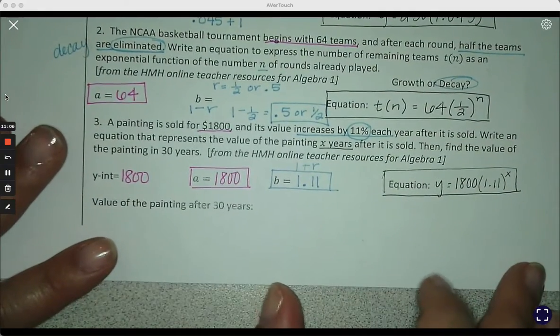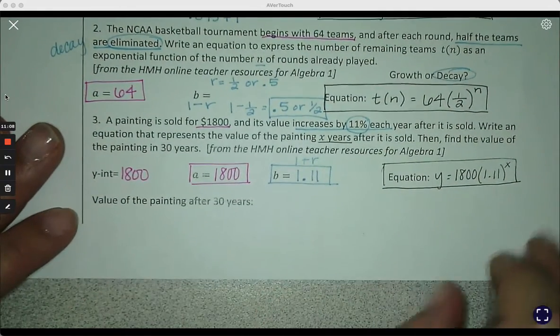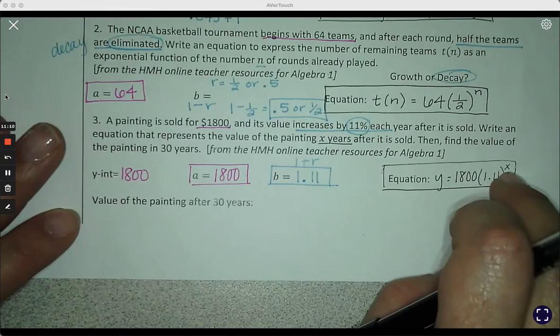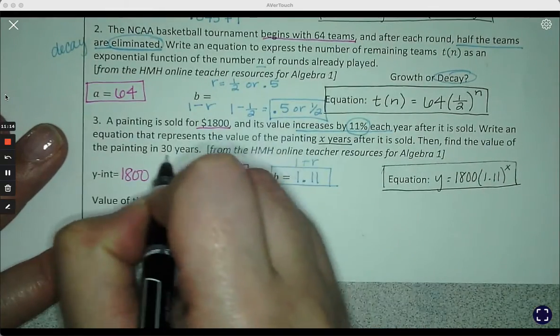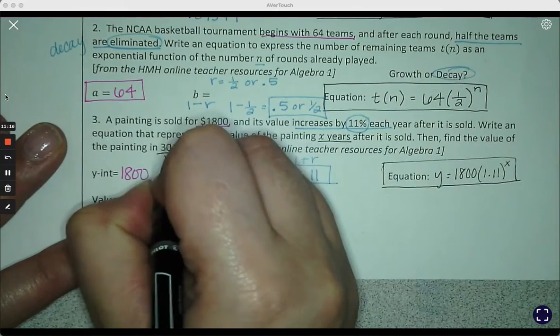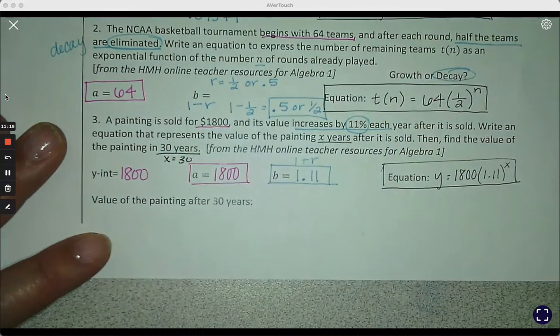Okay, now remember, X is equal to time. This is saying find the value of the painting in 30 years. So T, or X, equals 30.